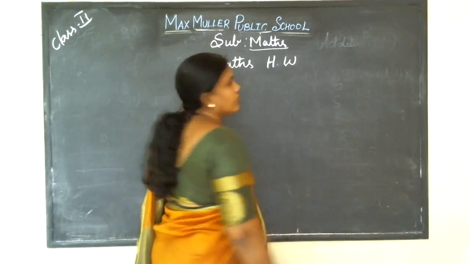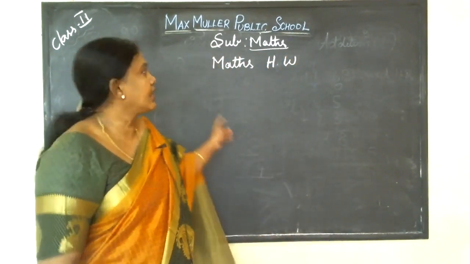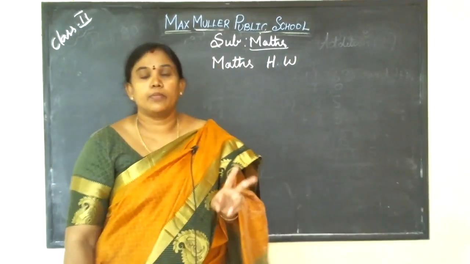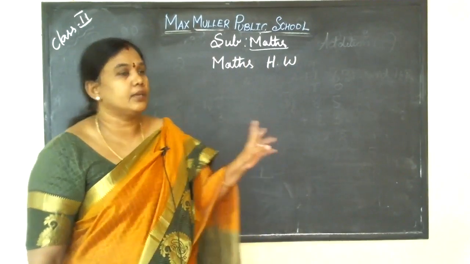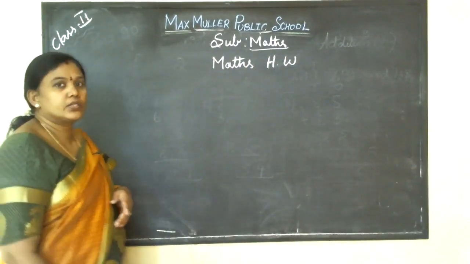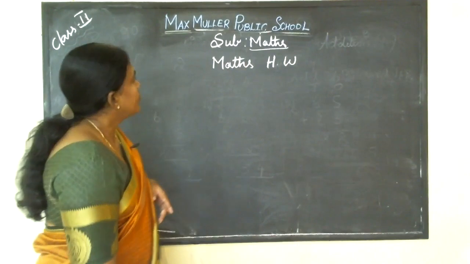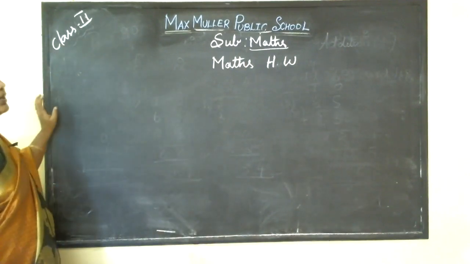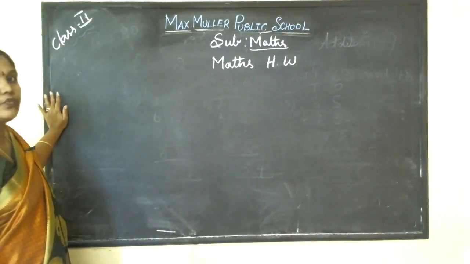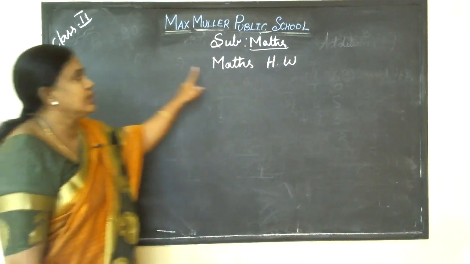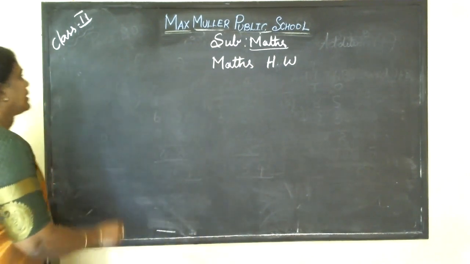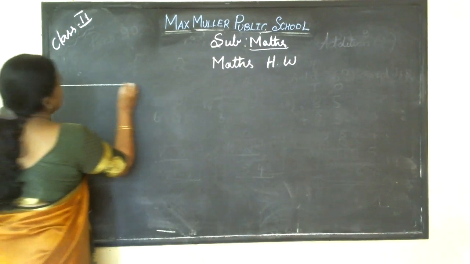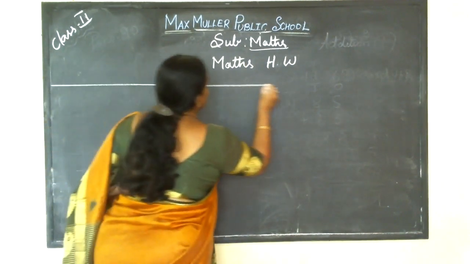Now I am going to give homework, children. Last class what I gave? 2 ones are 2, tables 2 times. 3 tables 2 times. Are you finished, children? I hope you are finished. Now we will go to next homework. Go to fresh page. Write maths homework. Today's date. Write neatly, children. First line you want to leave.